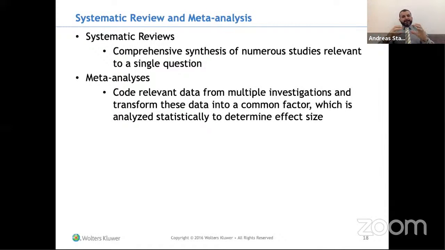The meta-analysis takes it a step further and talks about effect sizes, which again shows that we have standardized ways to put all those interventions together, analyze them, and conclude if whatever we're doing so far is working or not.